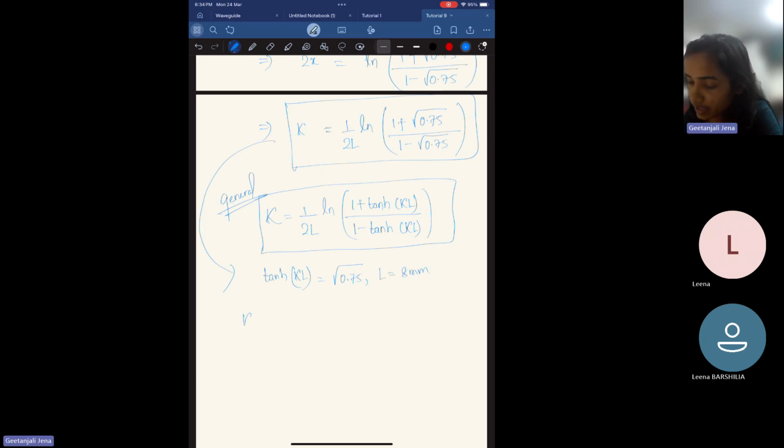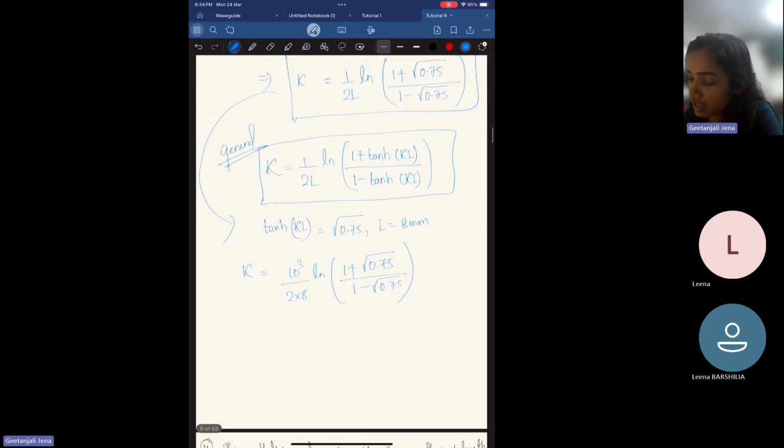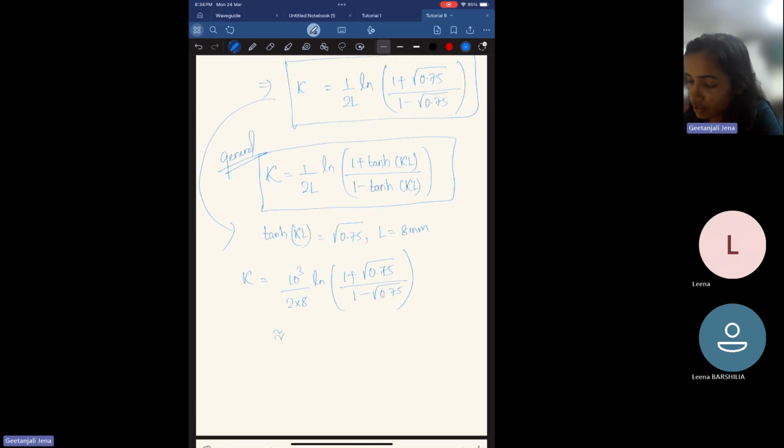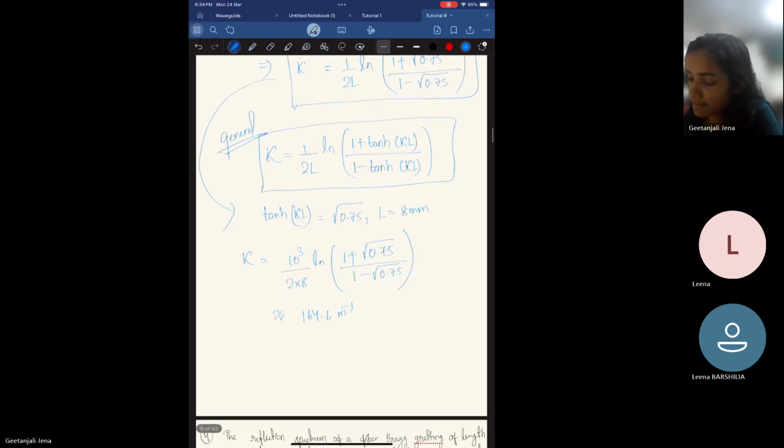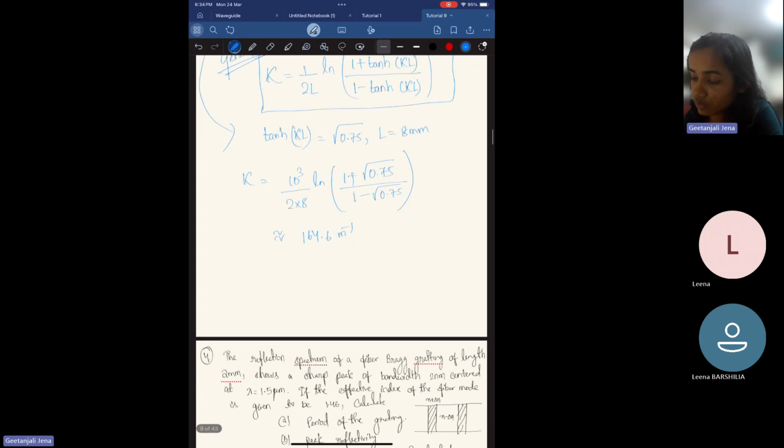So that means κ is now 10^3 by (2 × 8), then ln of (1 + square root 0.75) over (1 − square root 0.75). So this will be of the order of 164.6 meter inverse. So we know κ now.